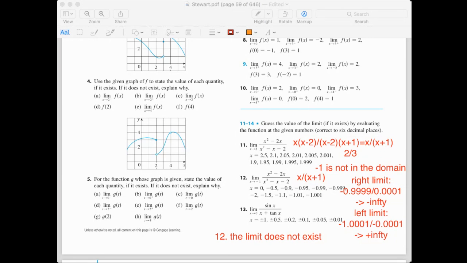For any graph in general, like if you go back to number 4 quickly, it only tells you -2 to 6, like the domain. You're only seeing a portion of the entire graph. So let's assume it extends to negative infinity and positive infinity.